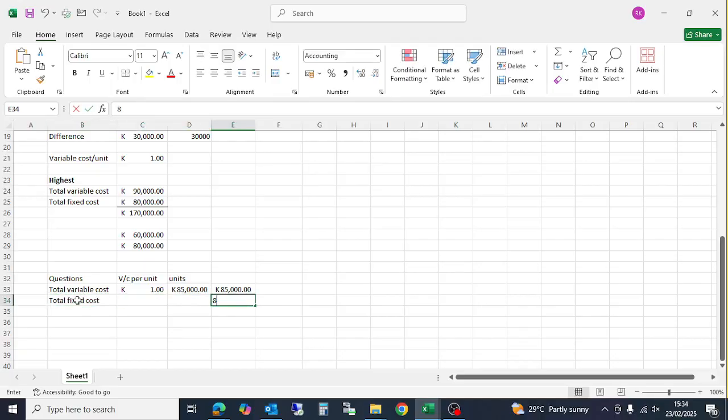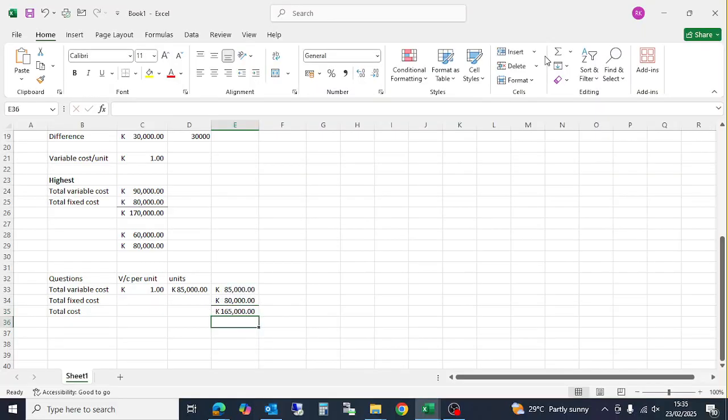We know the total fixed cost is 80,000, right? Yes. So our total cost for us to produce this will be 165,000. Yeah, it will cost us 165,000.